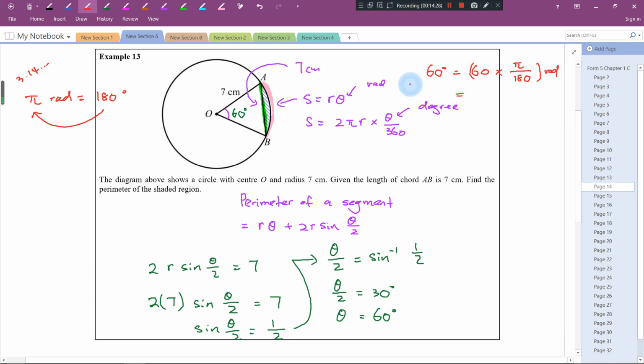Just press your calculator. Okay, 1.0472 radian. So the r theta, which is arc length, right over here: r theta, r is 7, theta is 1.0472.